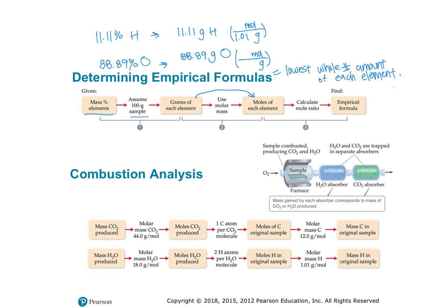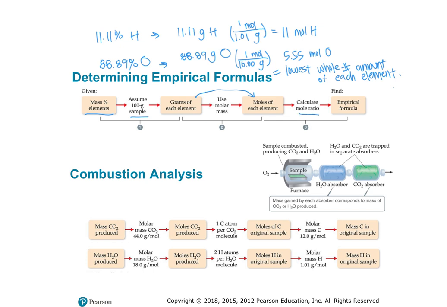The molar mass of oxygen is 16.00 grams per mole. So we're going to calculate that. So for hydrogen here, we get exactly 11 moles of hydrogen. And for oxygen, we get 5.55 moles of oxygen.